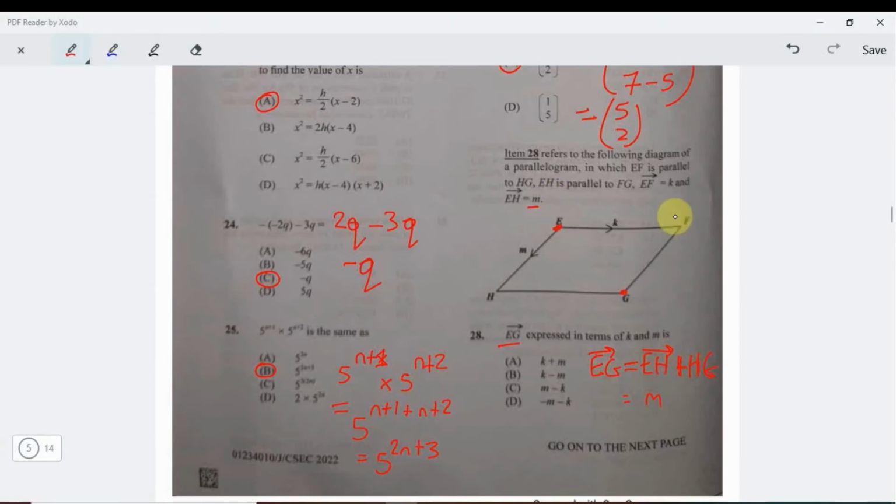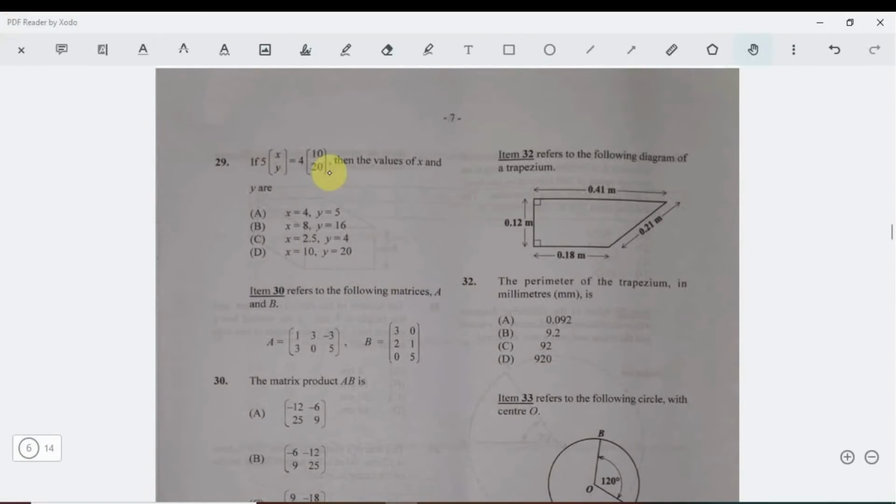They told us that EF and HG are parallel. Since these two sides are parallel, then H to G is also K. So that's M plus K. In other words, we can say K plus M. Option A. Alright, nice. That's option A.